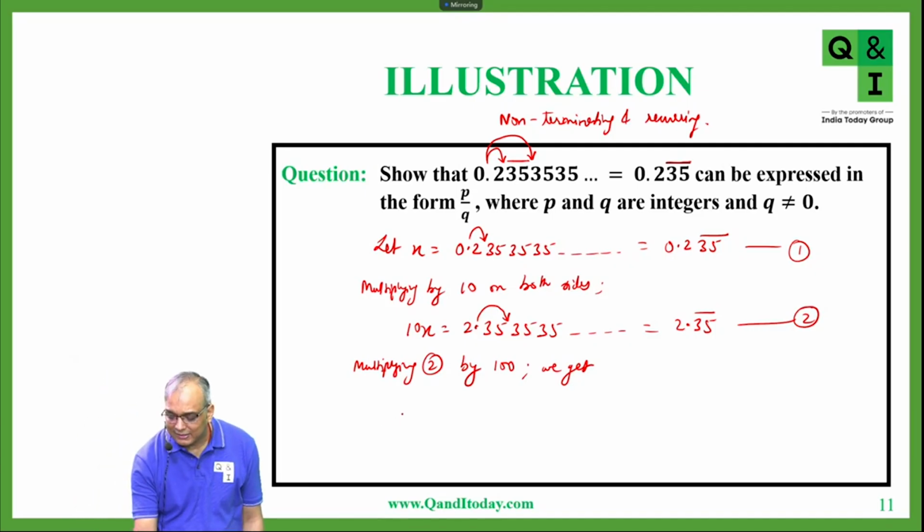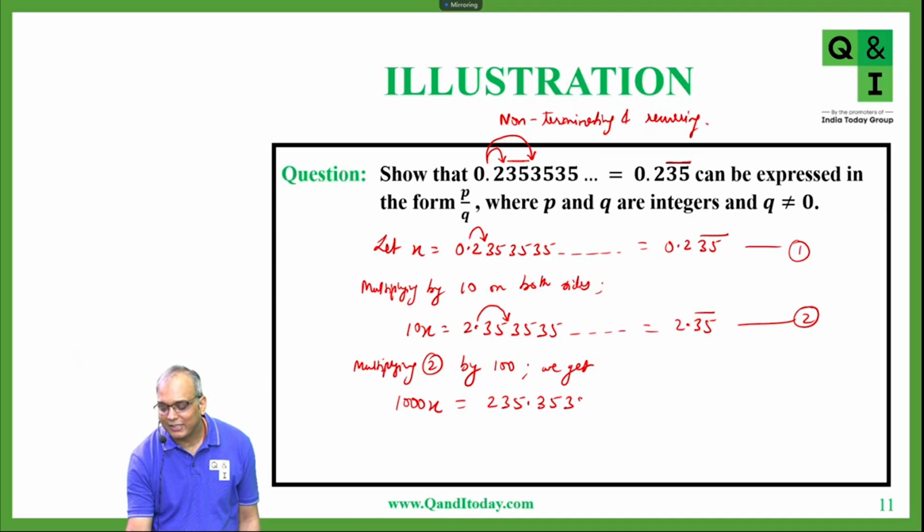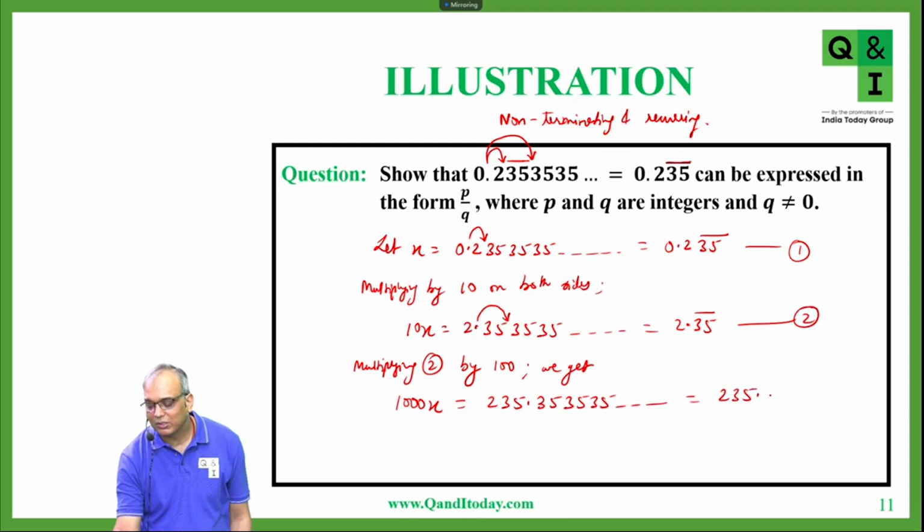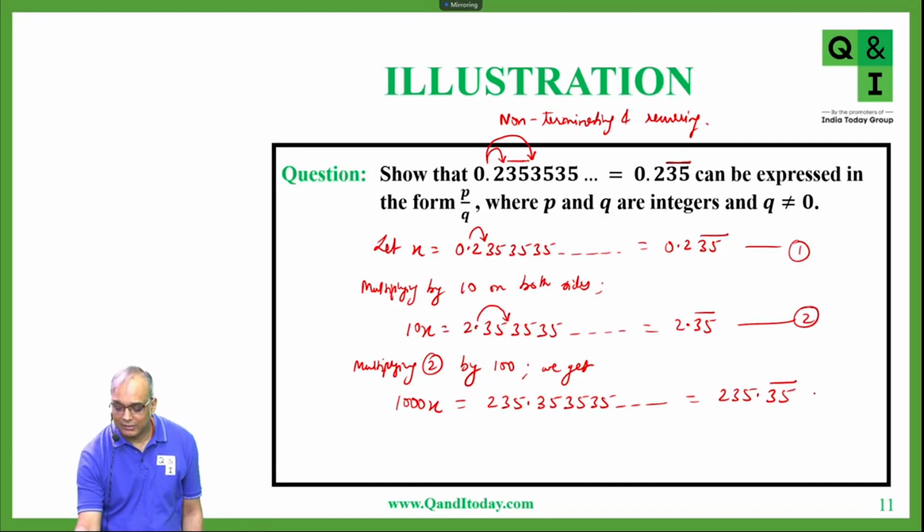We get, see, 10x if you multiply by 100, it will become 1000x is equal to 235.353535 and so on, which is 235.35 and then bar over that. So this is your third equation. Is this clear till here?